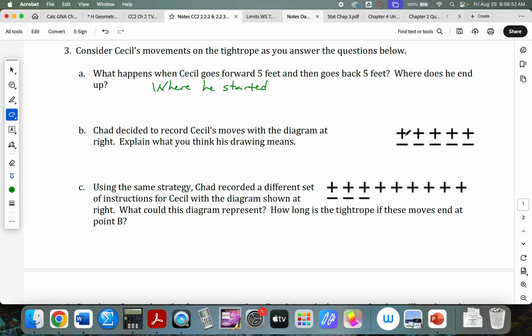Okay, so the 5 pluses means he went forward 5 feet, and the 5 minuses means he went backwards 5 feet.